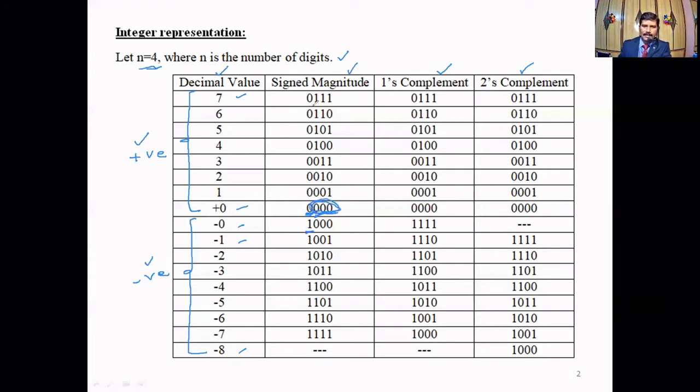So this is the positive value, and this is the magnitude.